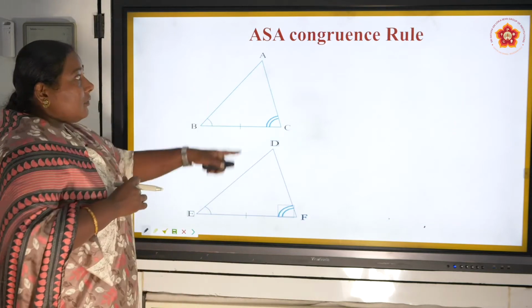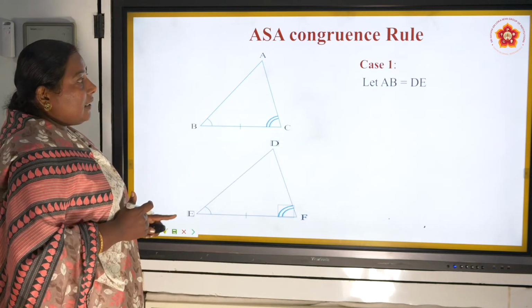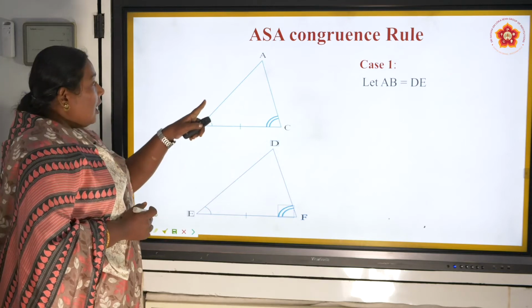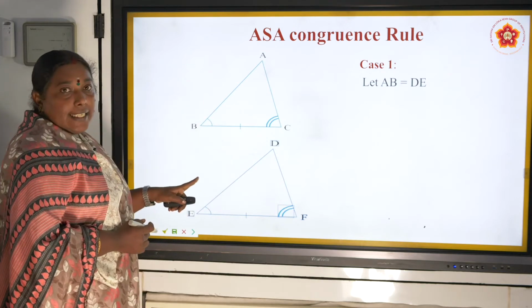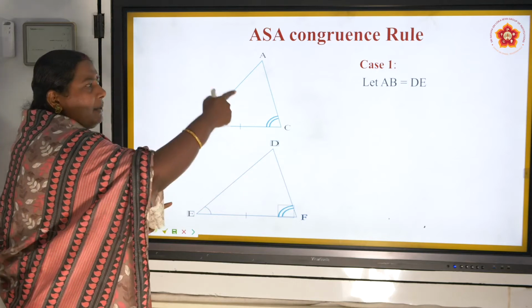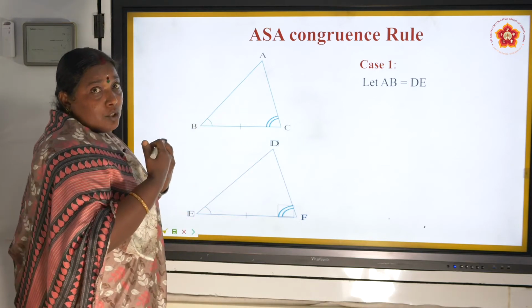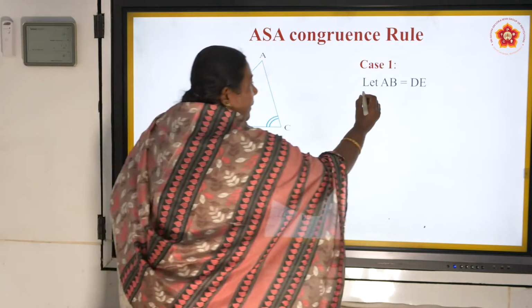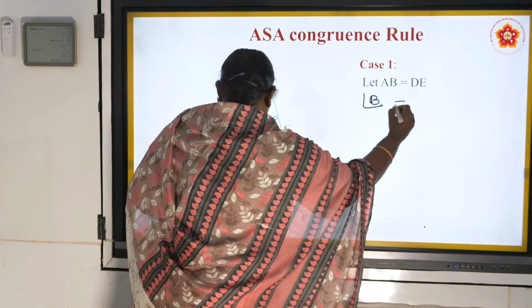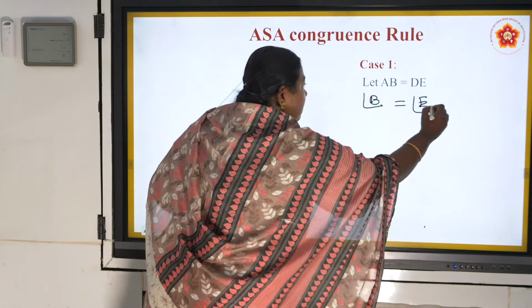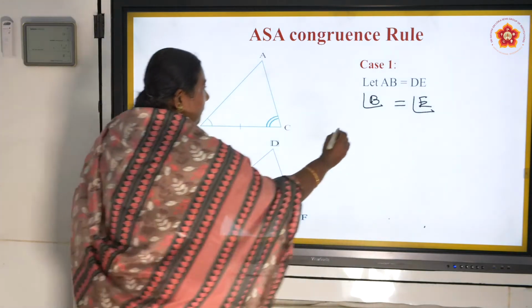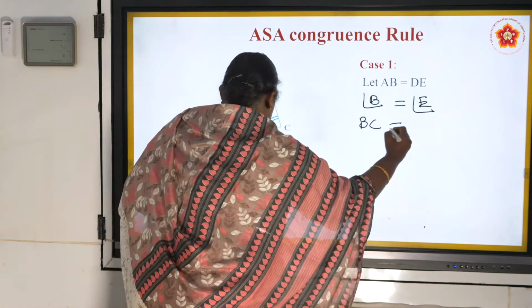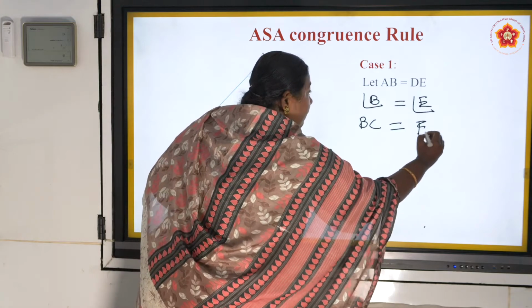Now, our case 1. In this case 1, we have taken AB is equal to DE. That is my assumption. Now, already what they have given, angle B is equal to angle E and BC is equal to EF.